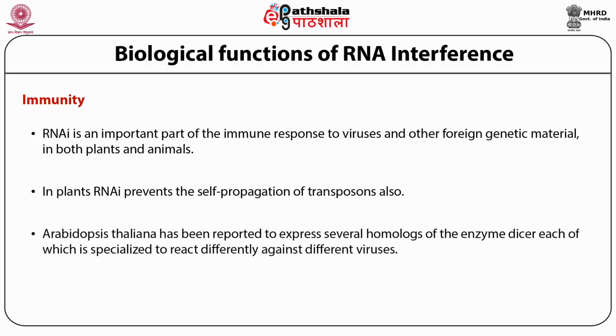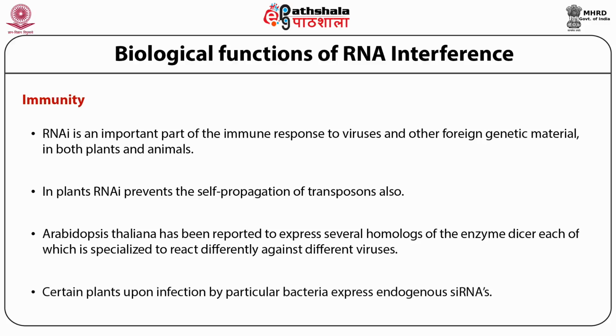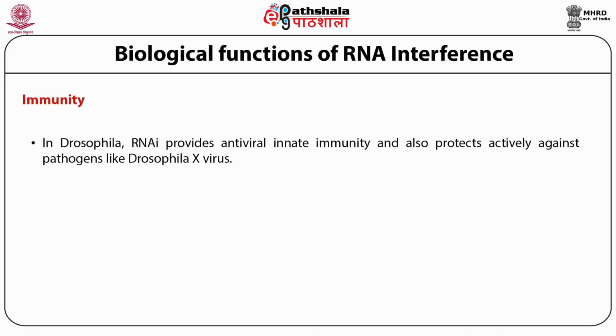Arabidopsis thaliana has been reported to express several homologs of the enzyme dicer, each of which is specialized to react differently against different viruses. Certain plants, upon infection by particular bacteria, express endogenous siRNAs. In Drosophila, RNA interference provides antiviral innate immunity and also protects actively against pathogens like Drosophila X virus.